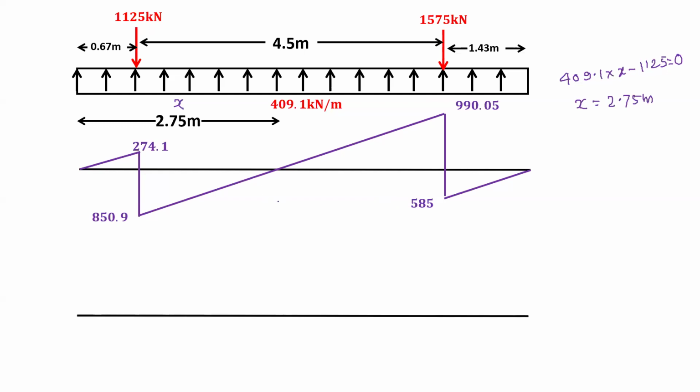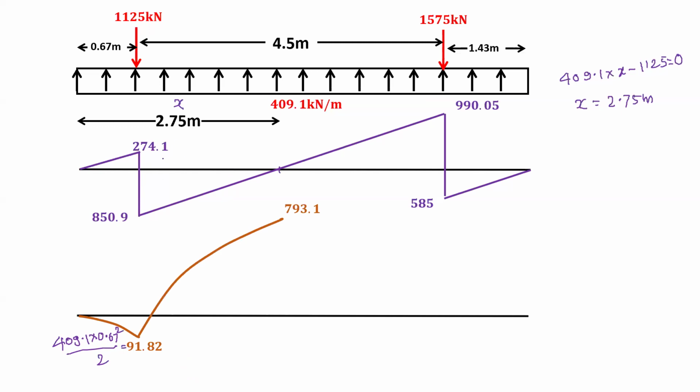First, the bending moment is 91.8. How will we get this? We have 409.1 into x square by 2, because it is the cantilever portion, 0.67 square by 2, and we have this value 91.82. Now we go to zero shear force, which will be the maximum bending moment. How will we get this value?